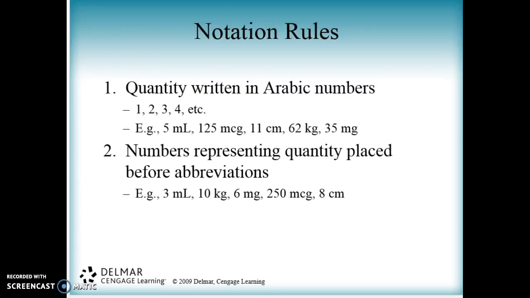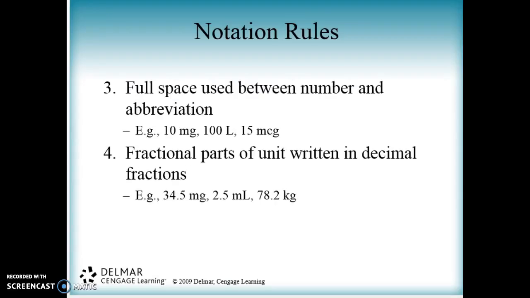And then when we're writing the metric units, we always start with the number piece, which is just written in regular, what we call Arabic numerals, and that goes first, and then we have the quantity, or the abbreviation after that quantity. So they give you some examples here, 3 milliliters, for example. We always use a space between the number and the abbreviation.